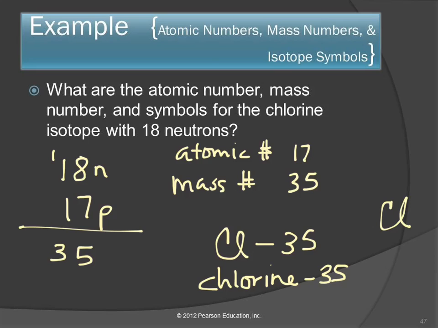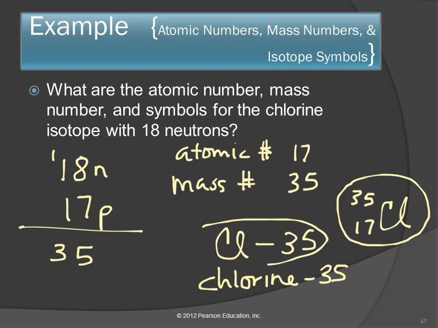How do you remember which one to put on the top? Remember, it's stacked up to subtract. Put the big one on top and the little one on the bottom. So it's 35 up here and 17 down there. So there's 3 different symbols for that isotope, all referring to the same thing, just different ways of representing them.